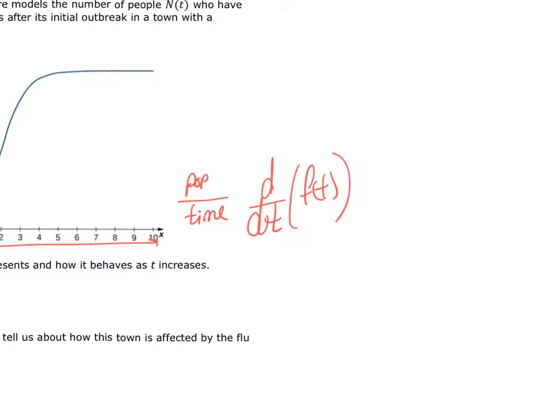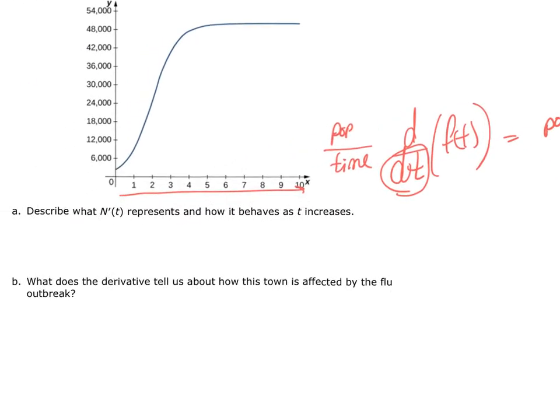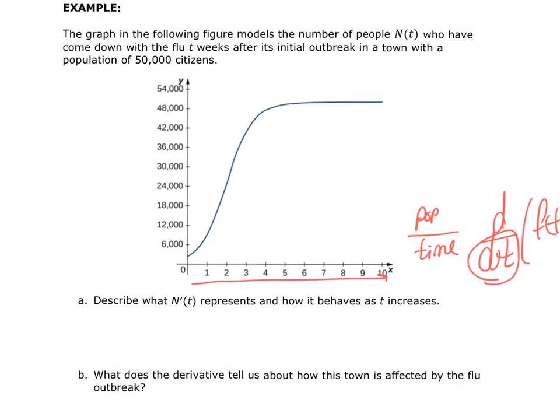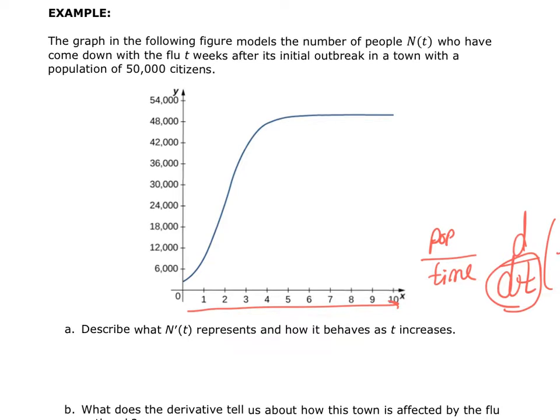You all agree that my output should be population. So the units are population with respect to time, because it is the derivative with respect to time. Okay? So the derivative here is talking about how quickly the population gets infected with respect to time. That's what the derivative of n of t is. Okay?